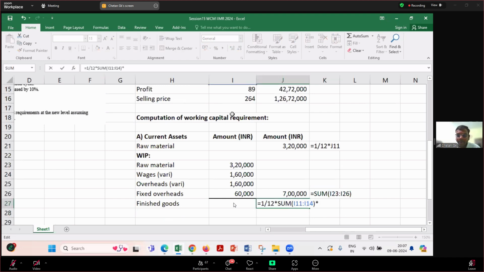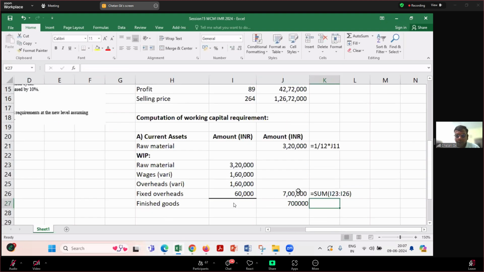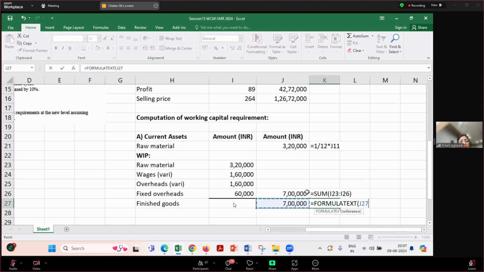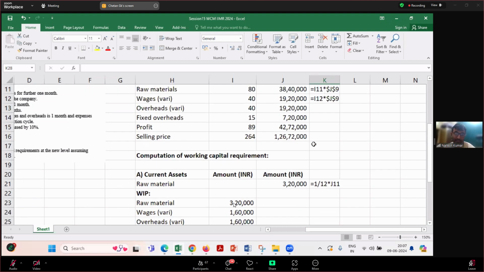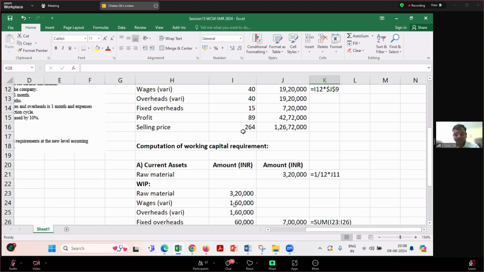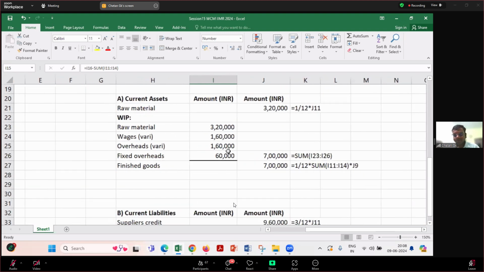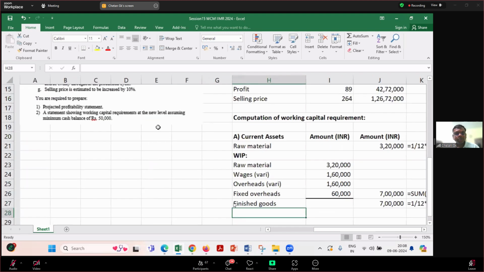Multiplied by. Are you getting 7 lakhs? It is equal to WIP, same code. Yes, sir, we can minus profit from selling price, that will also be CP. There are multiple ways of doing it. Whichever way is convenient, you can do it. This minus this is an easier one. Finished goods.